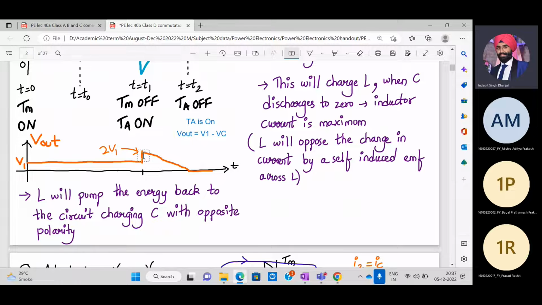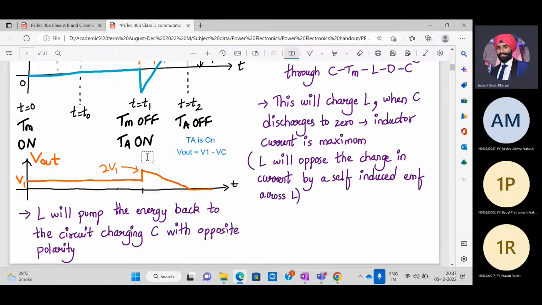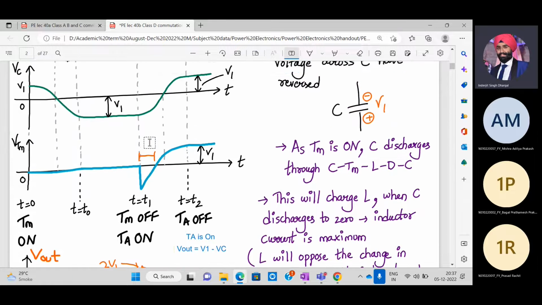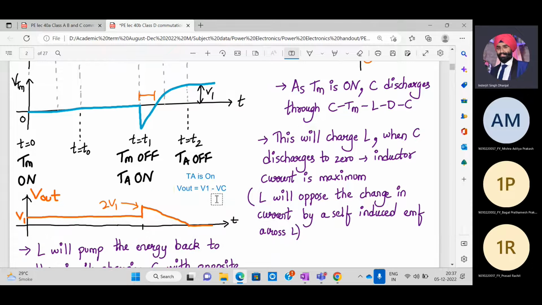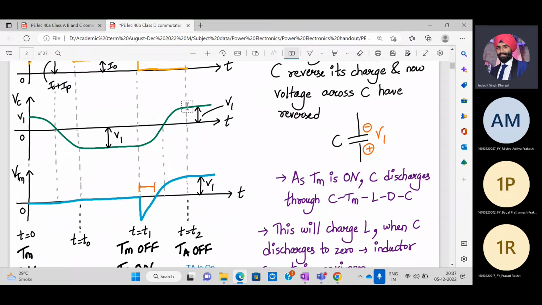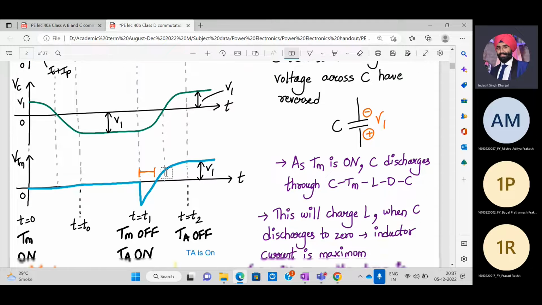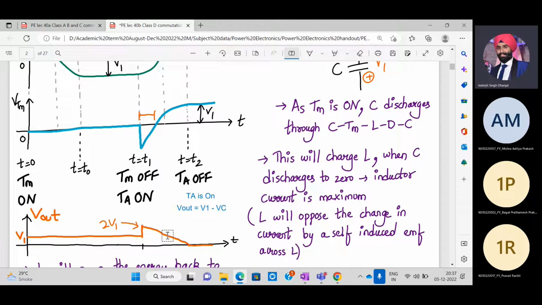Okay. Now this is the instant at which TA is on. So why is it jumping? If you see carefully, the voltage across the capacitor now is minus V1. So V out will be V1 minus (minus V1), that will be 2V1. And then what is the value over here? Here the voltage across the capacitor is reaching 0. So here it will reach V1 value.